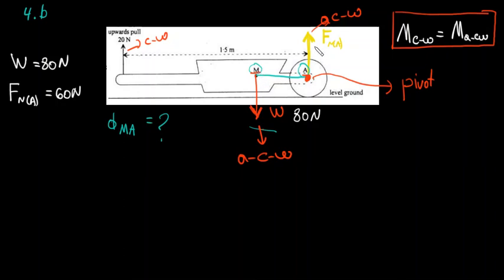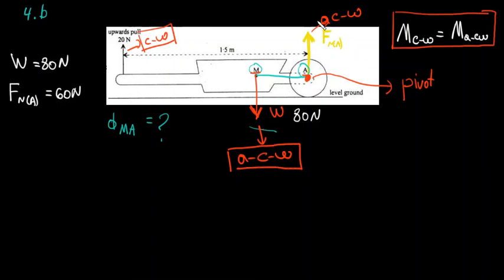We also note that there will be an upward normal force, which is right above the pivot, to the wheelbarrow. Okay, so let's consider that the 20 Newton is going to create a clockwise moment. Weight is going to create an anti-clockwise moment.